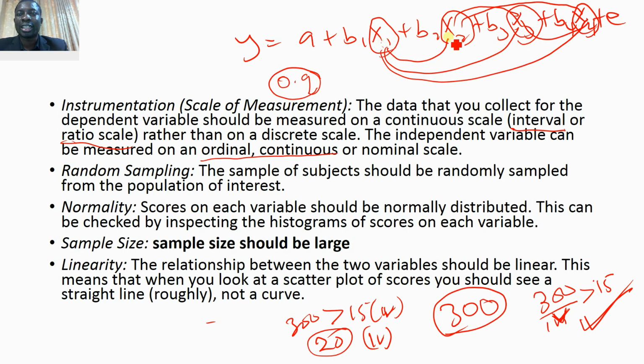So between X1 and X2, I have to check and see if the correlation coefficient is not more than 0.9. Then X1 and X4, then make sure that it's not up to 0.9. Then you also check between X2 and X3, X2 and X4, and then X3 and X4. Once they are more than 0.9, it's an indication that we are going to get multicollinearity.